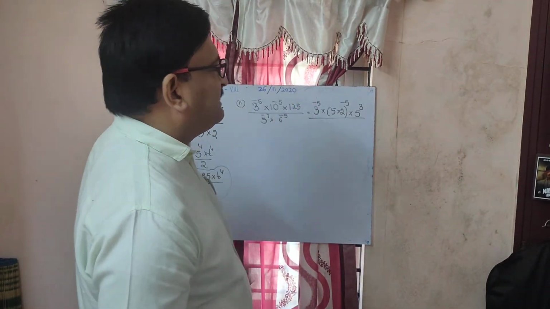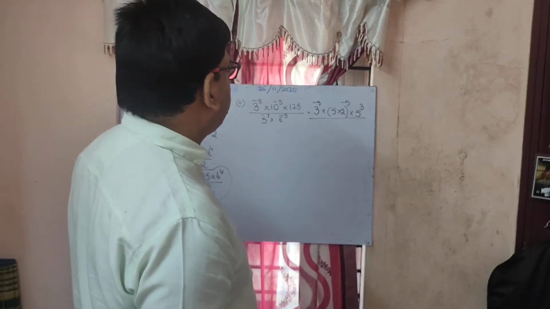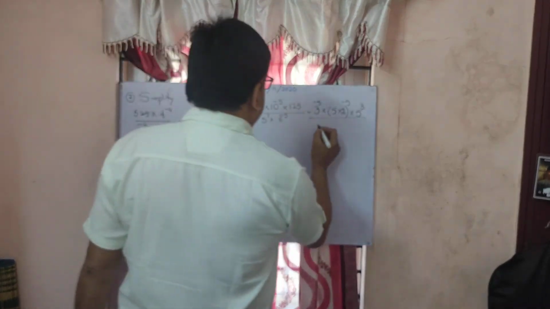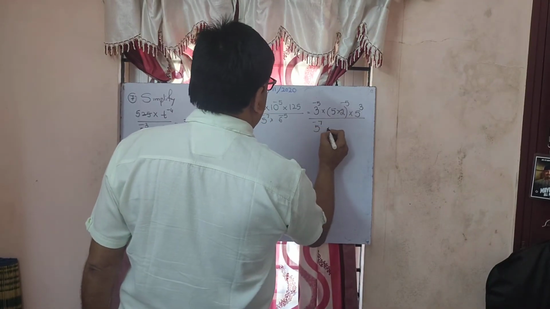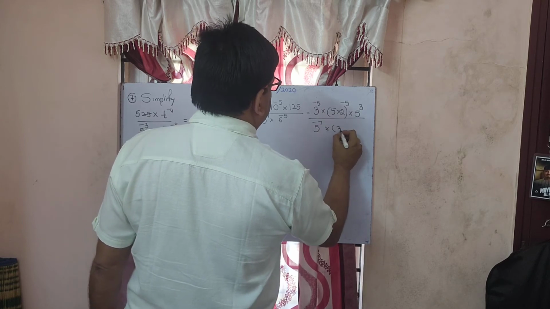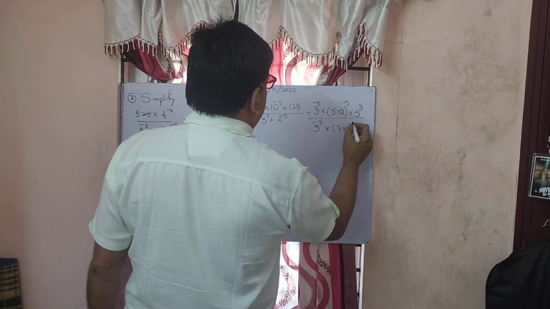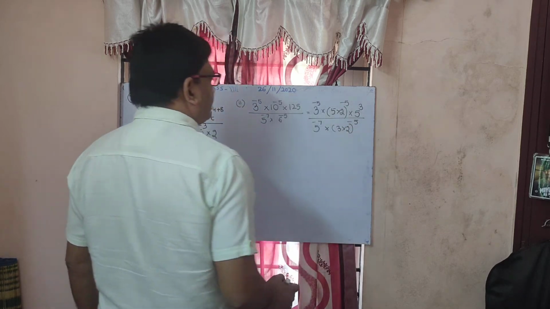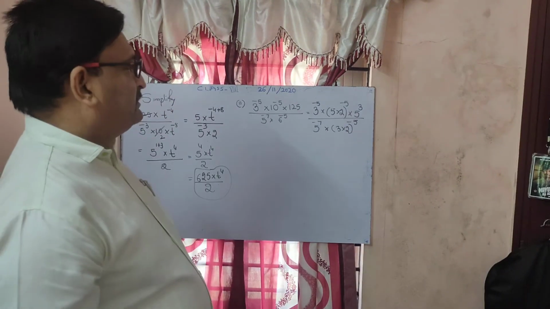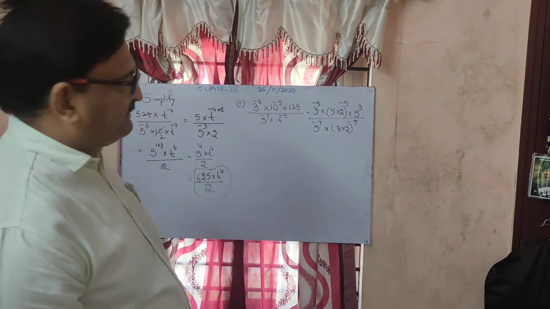So 125 can be written in power form, that is 5 cube. So this is already in power form. 6 can be written as 3 into 2, that is raised to minus 5. 3 2s are 6, so minus 5.